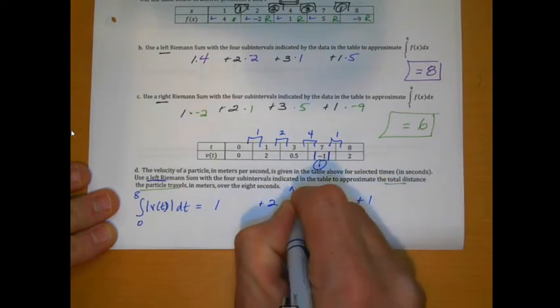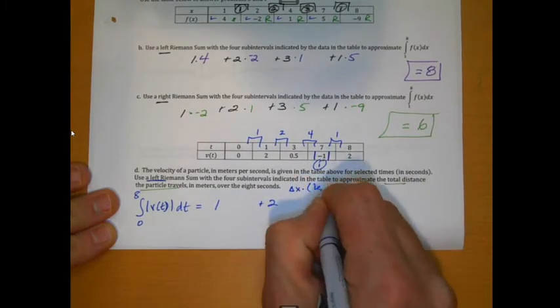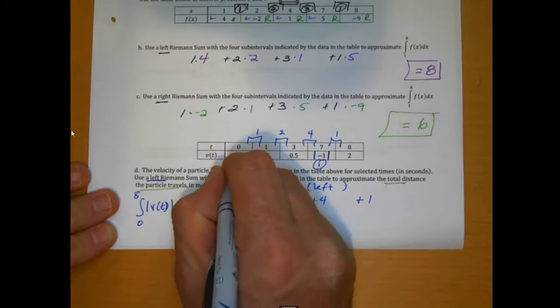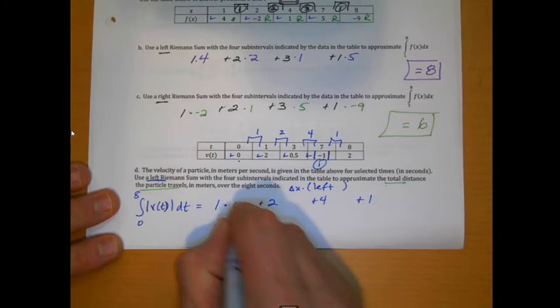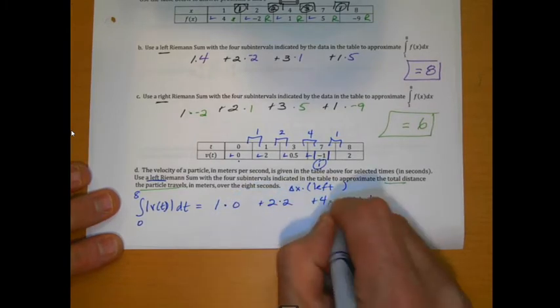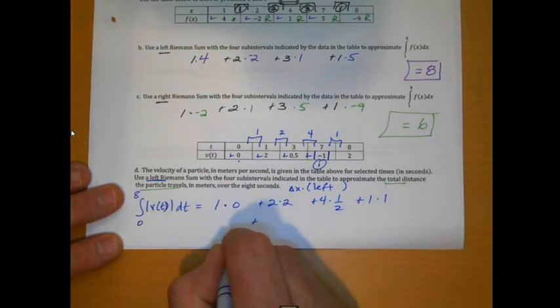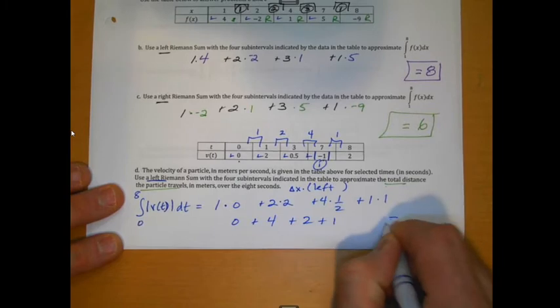So we have your delta x, and then we're going to times it by your left hand values. So your left hand values are going to be 0, 2, a half, and 1. So here we get 0, 4, 2, and 1, which equals 7. All right.